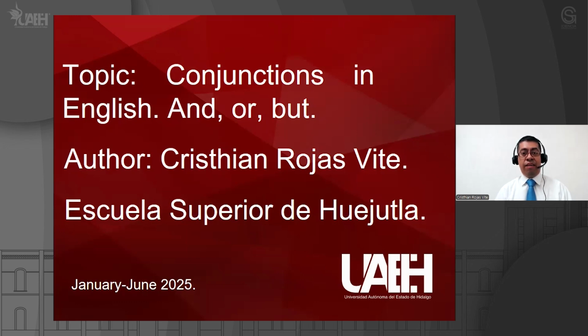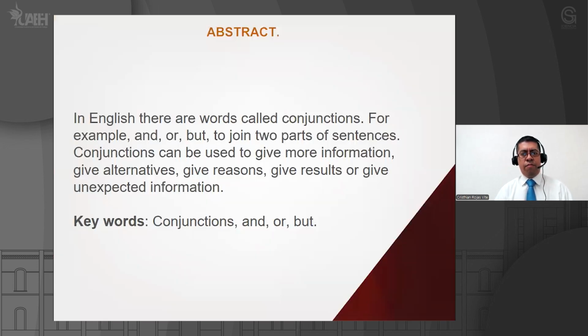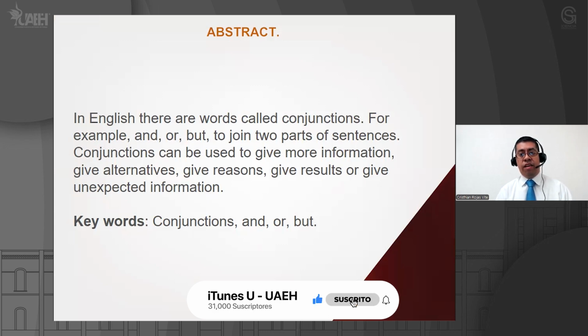And today's topic is about conjunctions in English. In this case, we're going to work with three conjunctions: and, or, and but. But probably you are wondering, what are the conjunctions? Well, in English, there are words that are called conjunctions. For example, and, or, and but. We use these words to create sentences, or in this case, to join them.